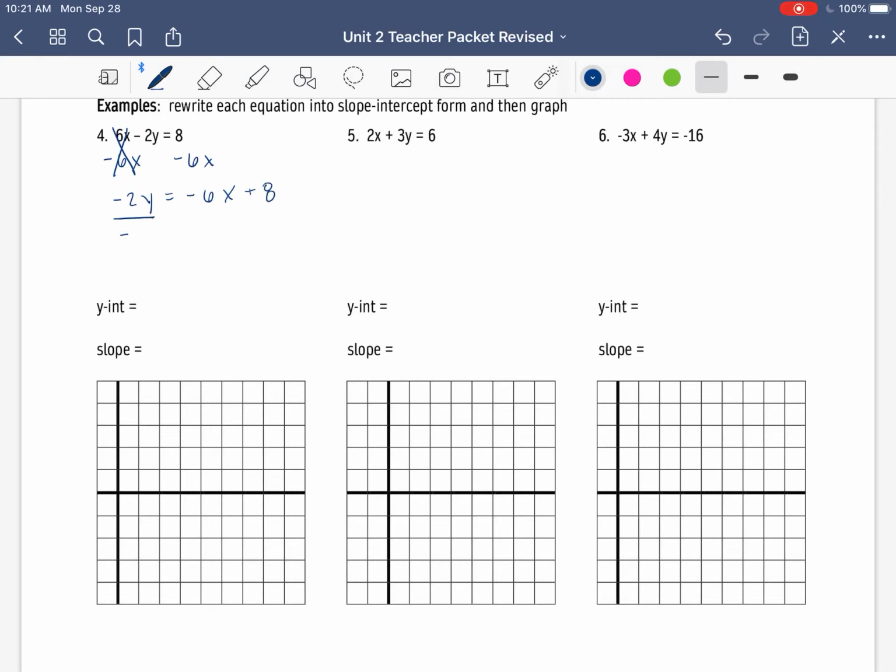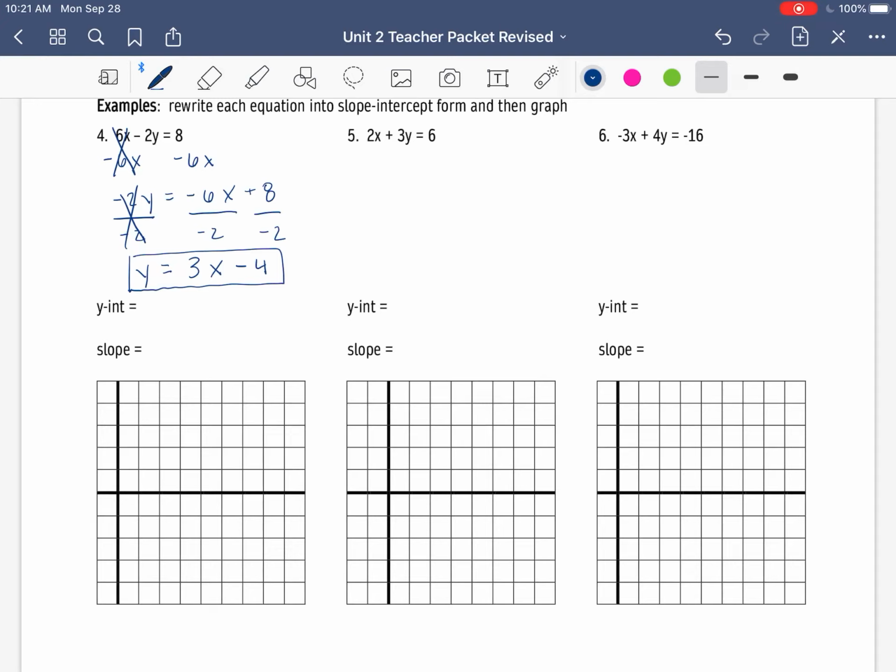And then we divide everything by negative 2, which will give us y equals positive 3x. So negative 6 divided by negative 2 gives us a positive 3. And then positive 8 divided by negative 2 is going to be a negative 4. So there's my new equation in slope-intercept form.